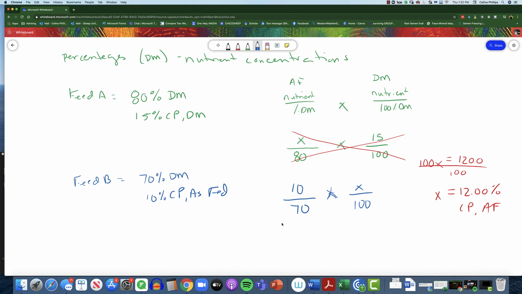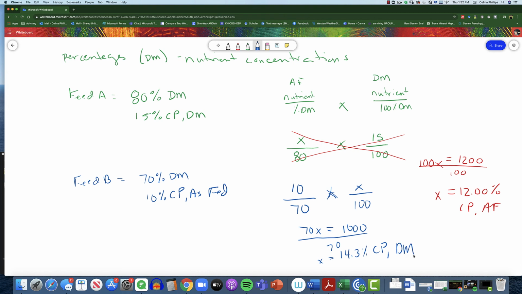So for this problem, we wind up with 70x equals 1,000. If we divide both sides by 70, x is going to be 14.3% crude protein on a dry matter basis.